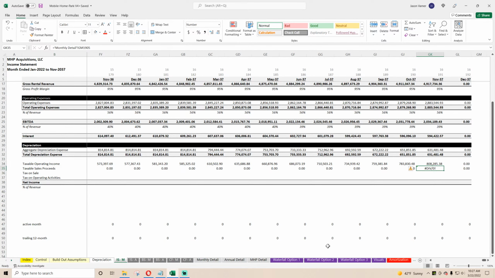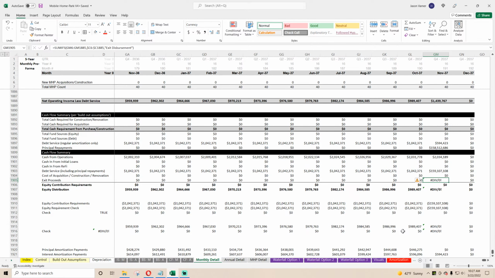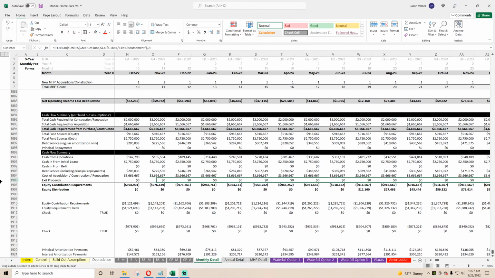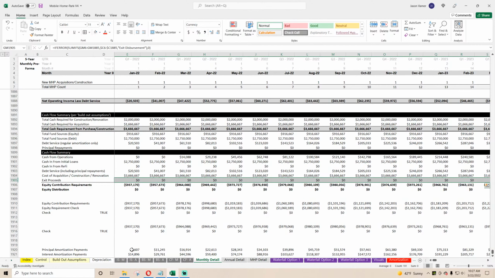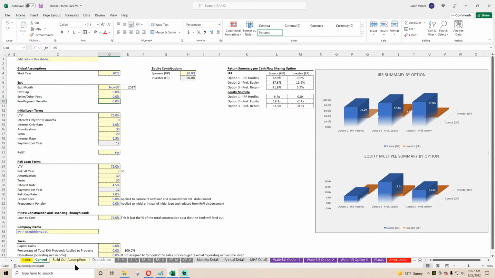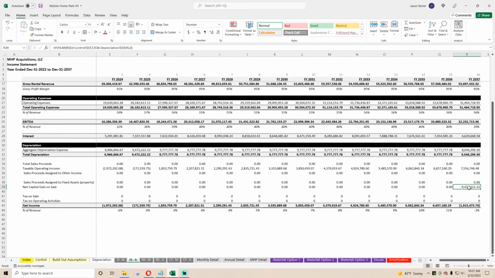Let's see. Monthly detail, 1905. So here we can just go if error 0, so we can flow to the rest of the model. Okay, nice. So that worked. And then, yeah, if you weren't doing a sale, you obviously wouldn't be having any capital gains or losses.